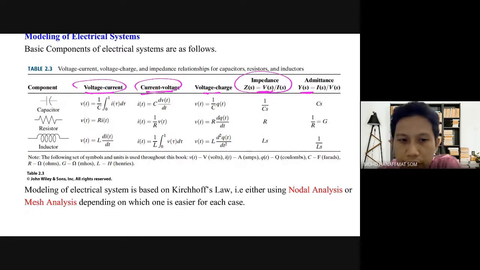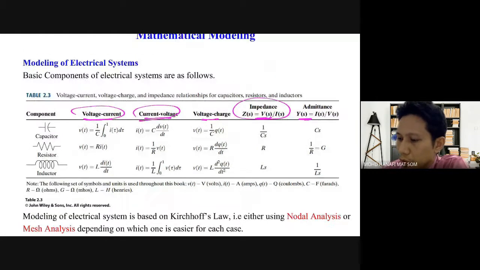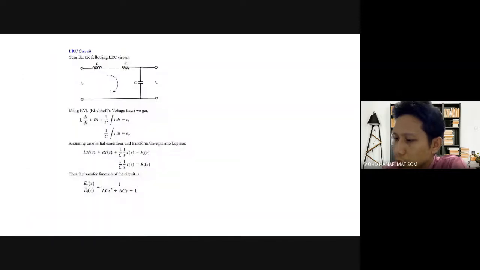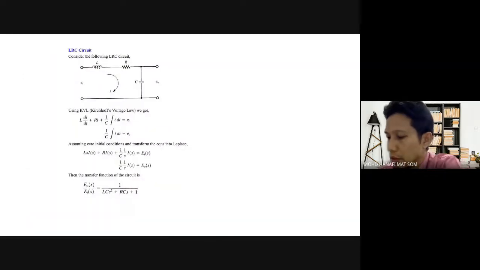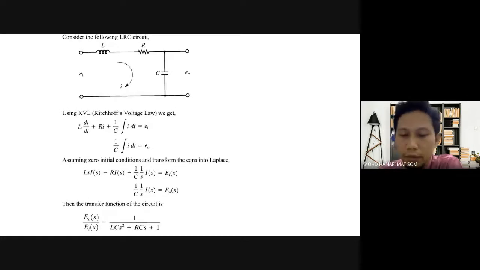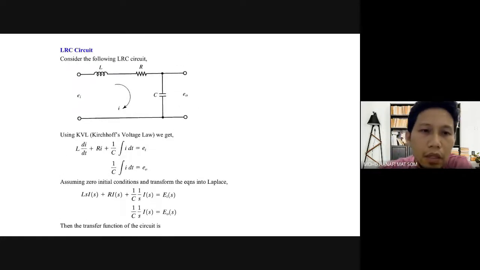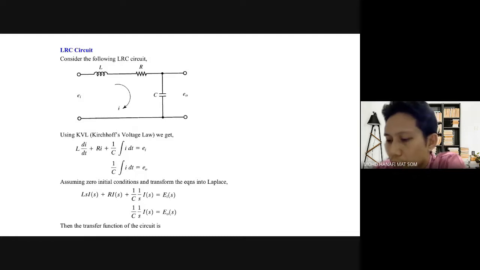Modeling of electrical systems is based on the Kirchhoff law. We can use either nodal analysis or mesh analysis, depending on which one is easier to use in each case. For example, let's do the first example here, where we have an RCL circuit.